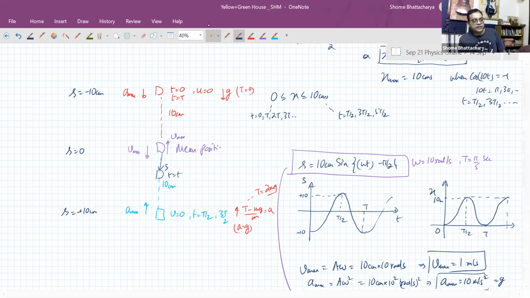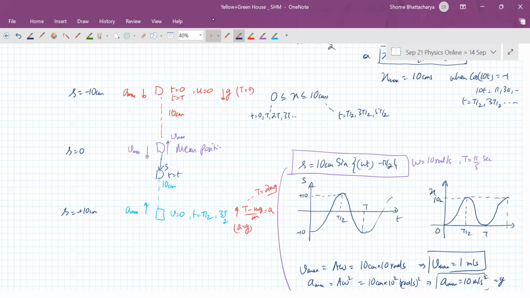Okay, so these are some finer details to understand about the SHM. So Vashisht, I'll scroll up just a moment, let everybody just understand this part also. So another thing that you can understand here, that when the spring is at a position of 5 centimeters, that is your mean position actually. That is when the block is at S equal to 0.